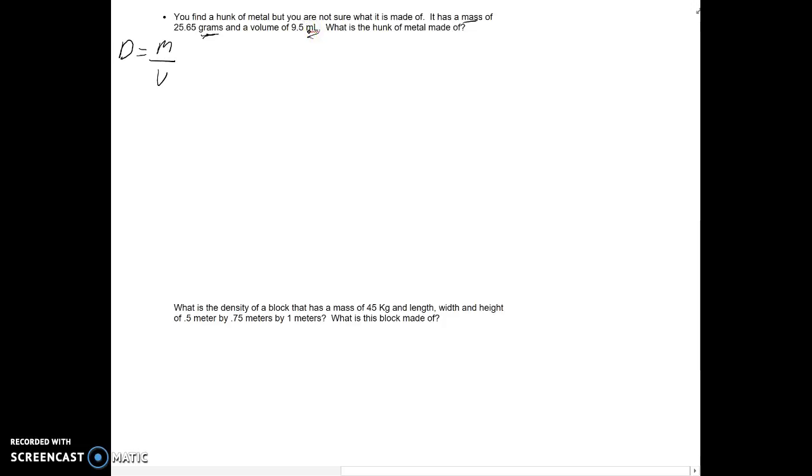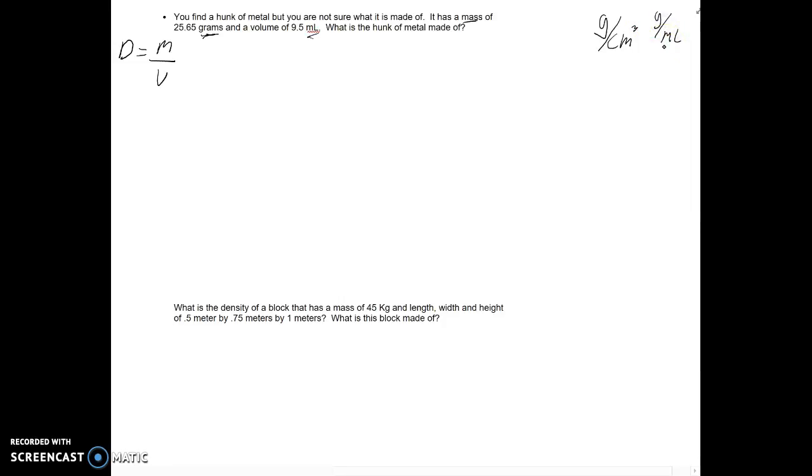Milliliters, centimeters cubed, liters, those are all units of volume. Remember, my unit for density is grams per centimeter cubed or grams per milliliter. So I always have to be working in grams, centimeters cubed, or grams and milliliters. And both of my units are already there, so I'm in good shape.